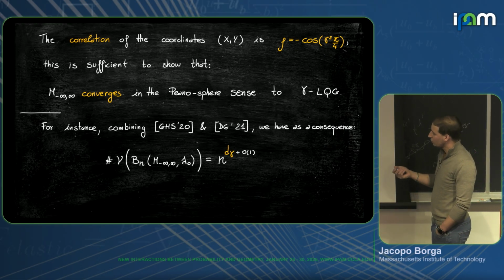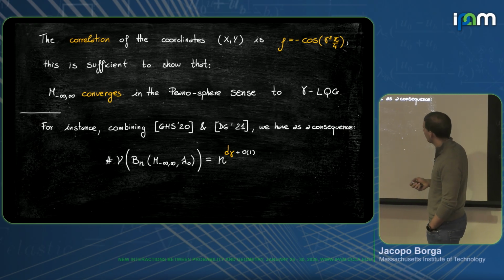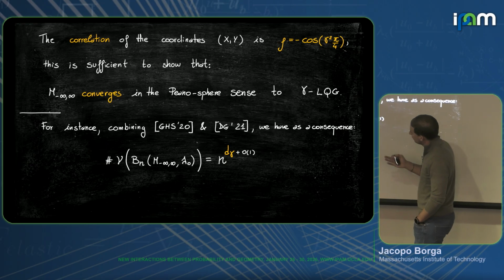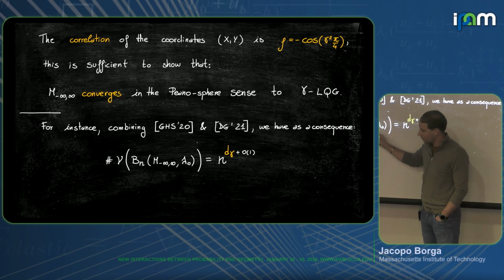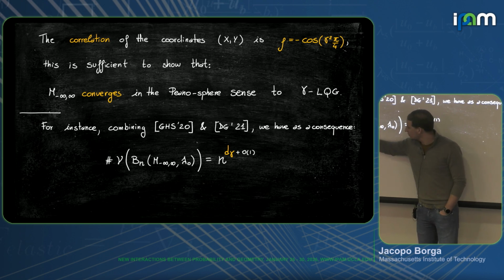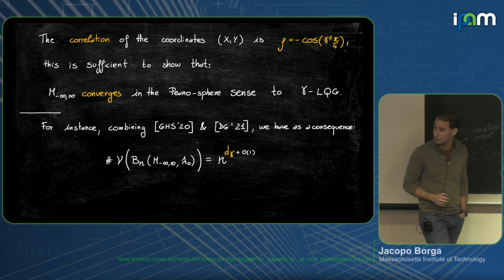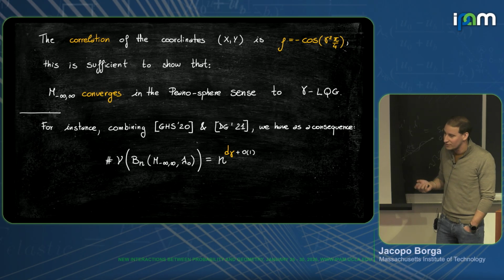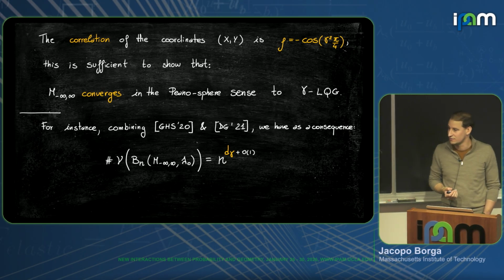Using work of Ewain, Nina Holden, Xin Sun, and Jian Ding and Ewain again, if we take this M minus infinity, infinity, the local limit, and look at a ball of radius n, the number of vertices inside the map scales exactly as n to the d gamma, which sounds like a good indication that your planar map is exactly in the gamma universality class.